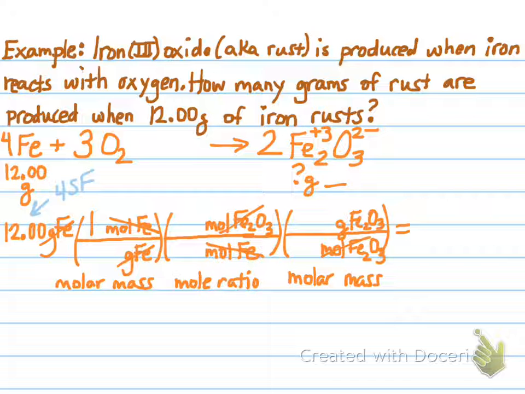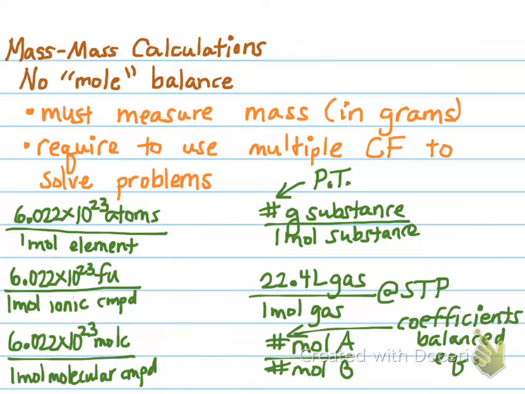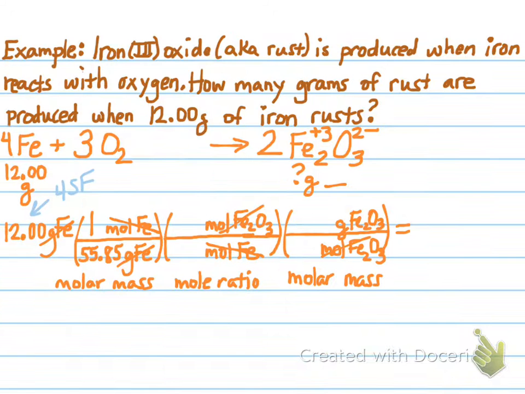Iron is 55.845, so I'm going to use 55.85. Now, in my mole ratio, my numbers come from my coefficients of my balanced equation. So on iron 3 oxide, my coefficient is 2, and on iron, my coefficient is 4.